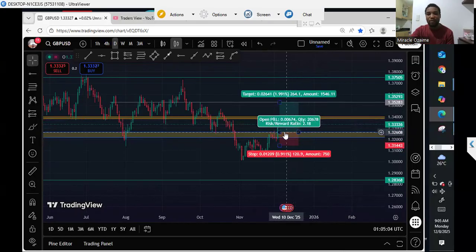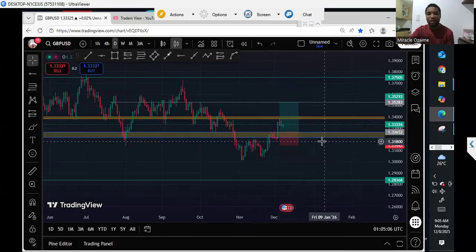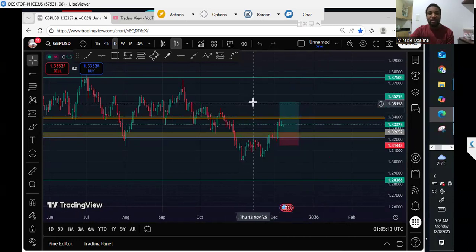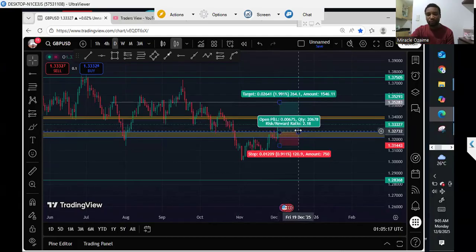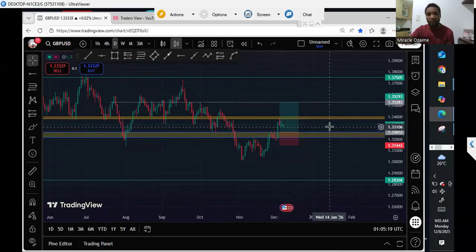I'll be waiting for price to tag me in around this region, then for a continuation to the upside. My TP1 is going to be around this area, then my TP2 is going to be around this area. So I'm currently on a pending order on GBPUSD buy as of the moment.